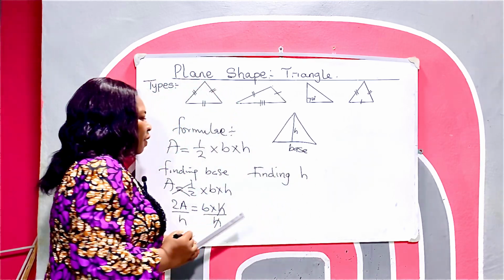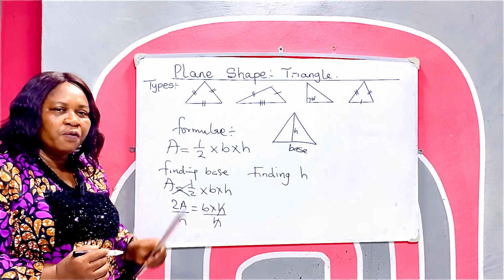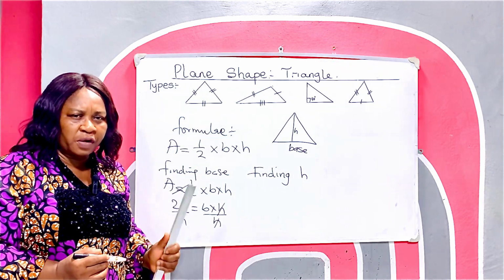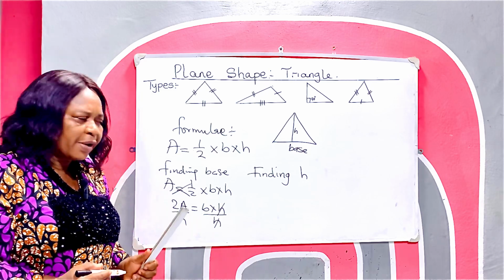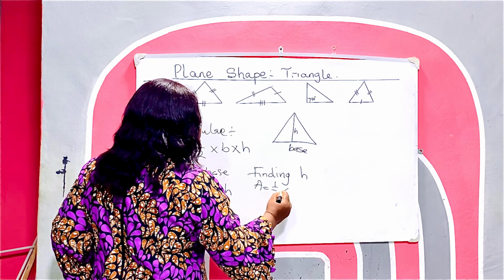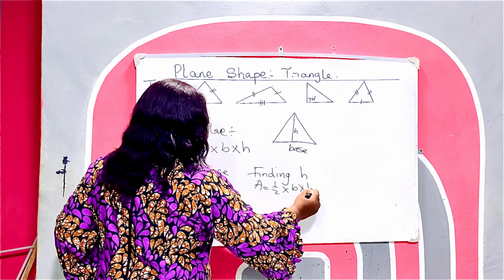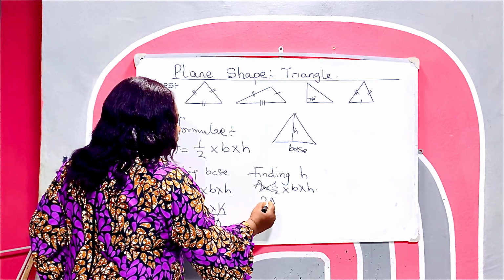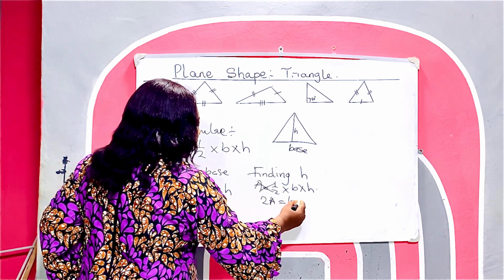Finding height. You first of all write what you know. Always write what you know first. I know that area is half times base times height. I cross multiply: 2 area equals base times height.